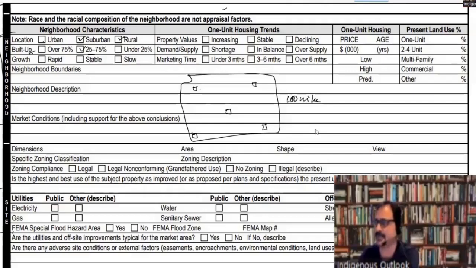It could be this much of site, this much of site, but the rest of the area is totally vacant. Less than 25% has been built up, the rest of the land is vacant, no buildings. So if rural, under 25% is acceptable.